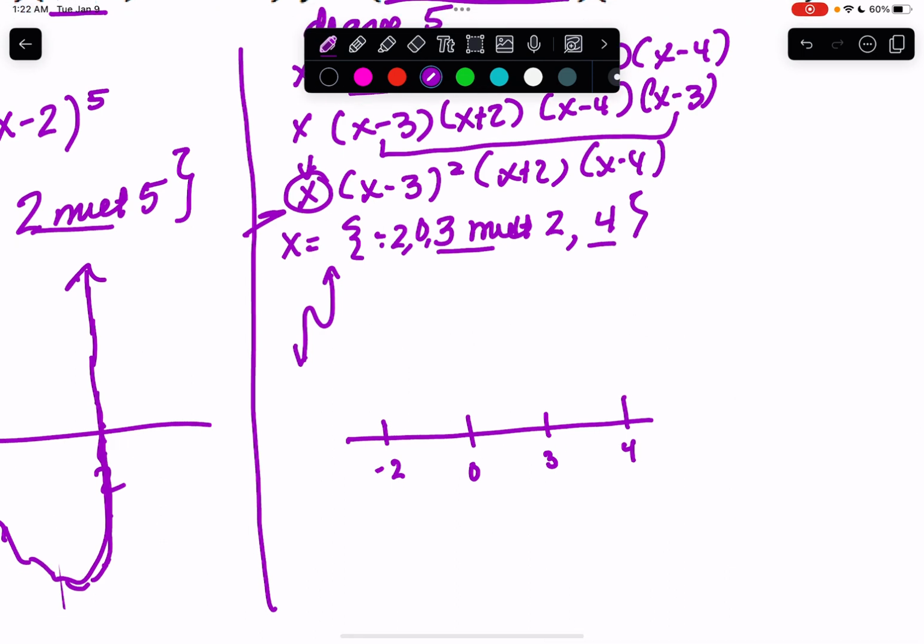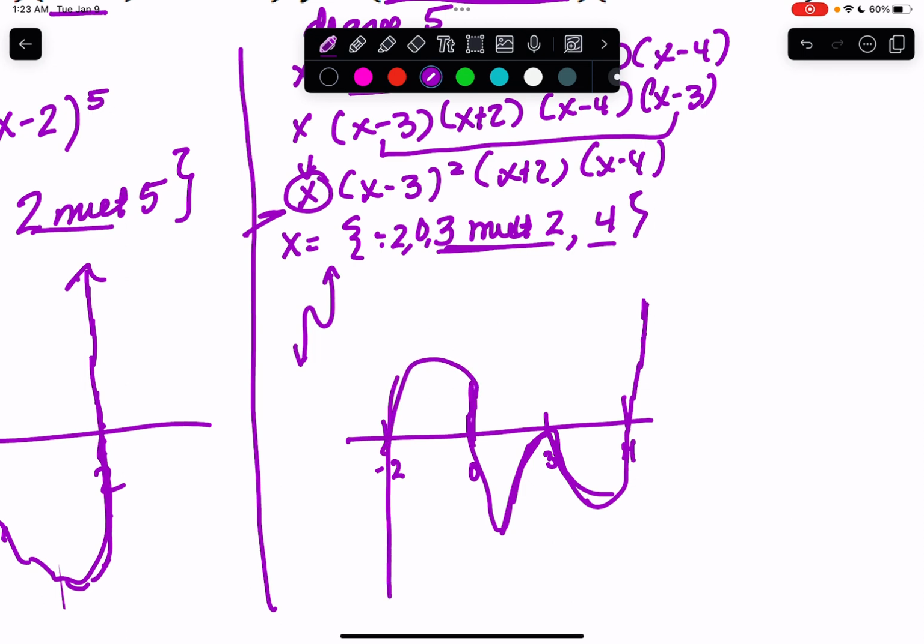So 4, it goes through because multiplicity is 1. So I'm going to come down here and come through 4. Now 3 has multiplicity 2, so I'm just going to come up and touch 3 and come back down. 0 is just multiplicity 1, so I have to come back through that. And -2 is multiplicity 1, so I have to come back through that. So there's your graph shape. Again, it's just a sketch.